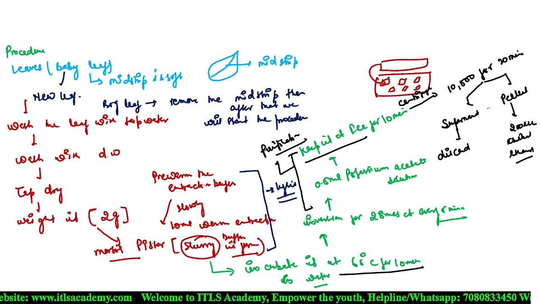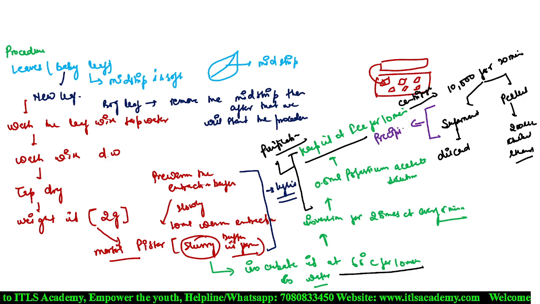Now this process, when you centrifuge and get supernatant and pellet, is known as precipitation.